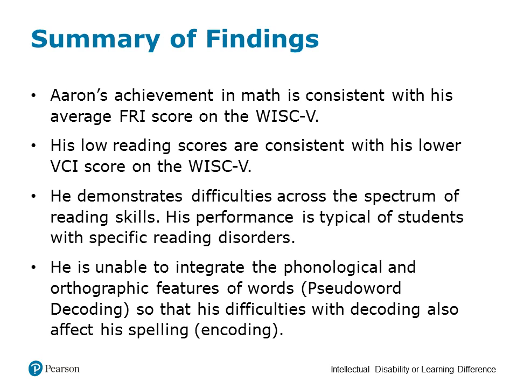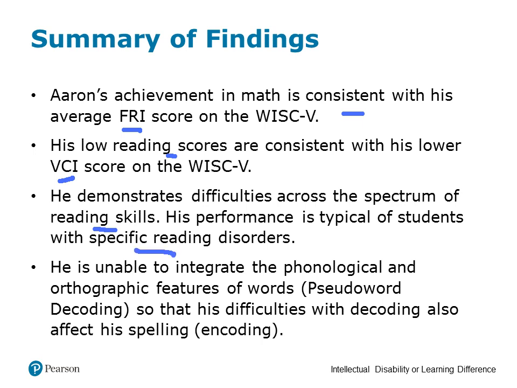So to conclude then, his achievement in math is consistent with his average fluid reasoning index. His low reading scores are consistent with his lower verbal comprehension index. We notice difficulties across the spectrum of reading skills, and we conclude that his performance is typical of the performance of students with specific reading disorders.